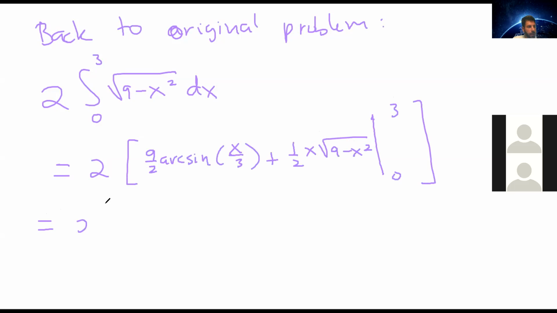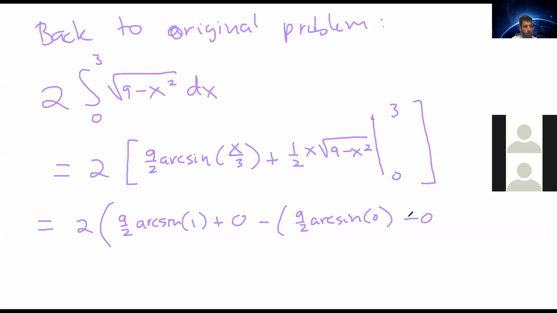When you plug in 3, you get 9/2 the arc sine of 1, and the second term goes away. Then minus, when you plug in 0, 9/2 the arc sine of 0, and 0 for the second term as well.